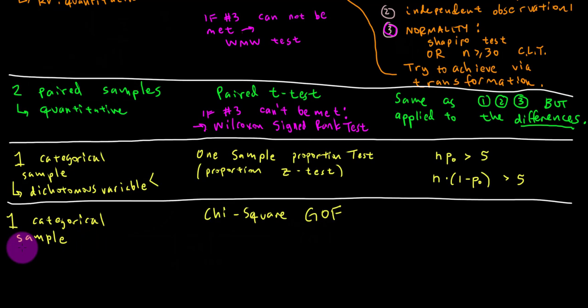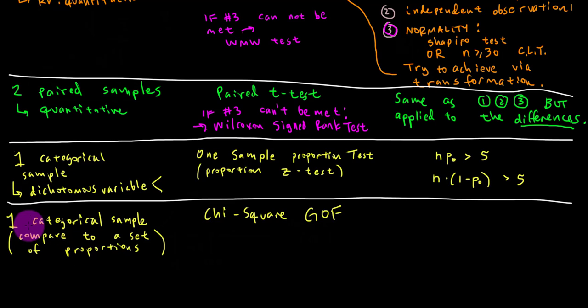And so here we needed to also have another piece of information where we wanted to compare the frequencies that were observed for each of those categories. We needed to compare that to a set of proportions, right? It was a whole distribution. So there's only one sample that composes your response variable. It's the categories that were observed.